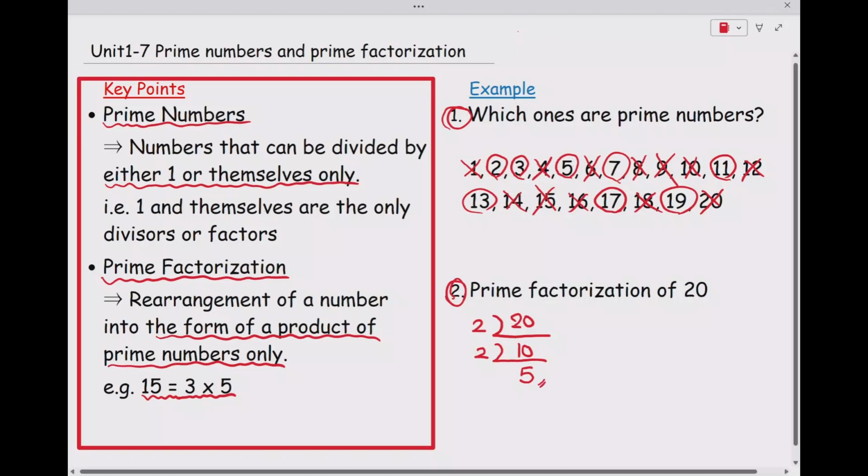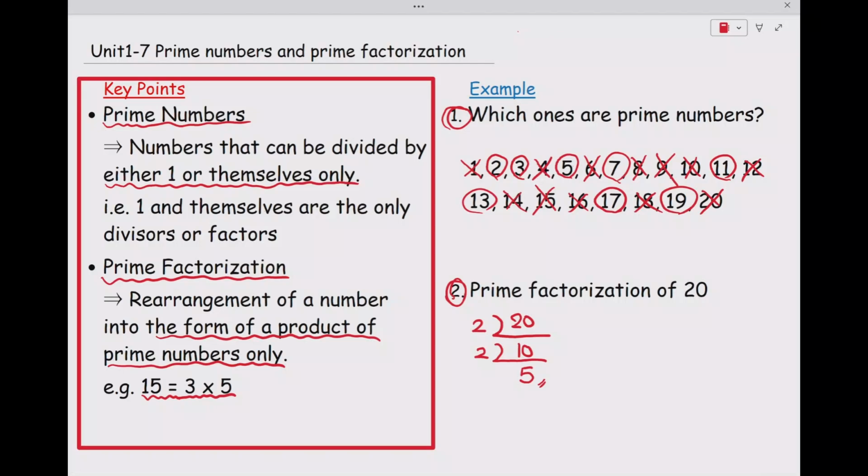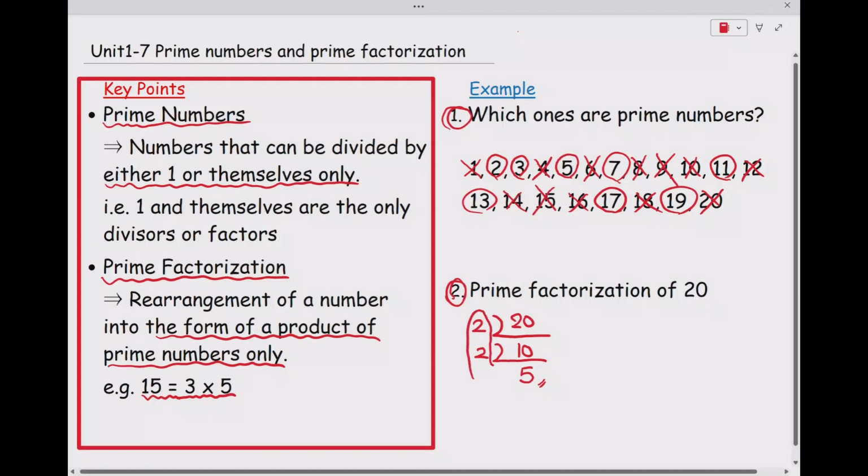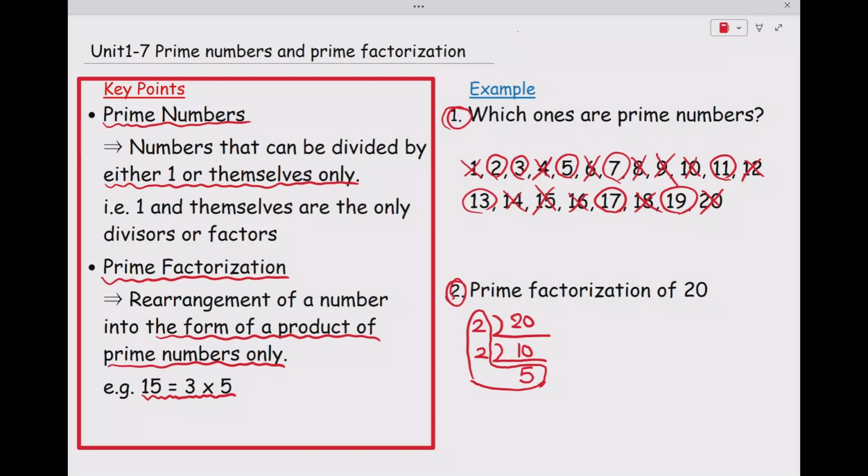The second key point: keep dividing the number by smaller prime numbers. And when the bottom number becomes a prime number, stop there. And finally, circle all the L-shaped numbers like this. And connect all these numbers with multiplication signs.